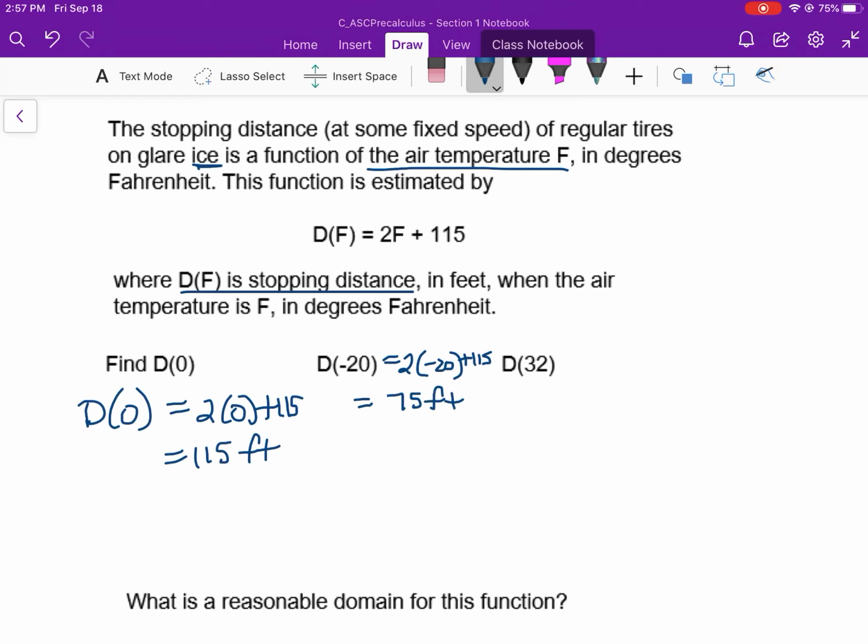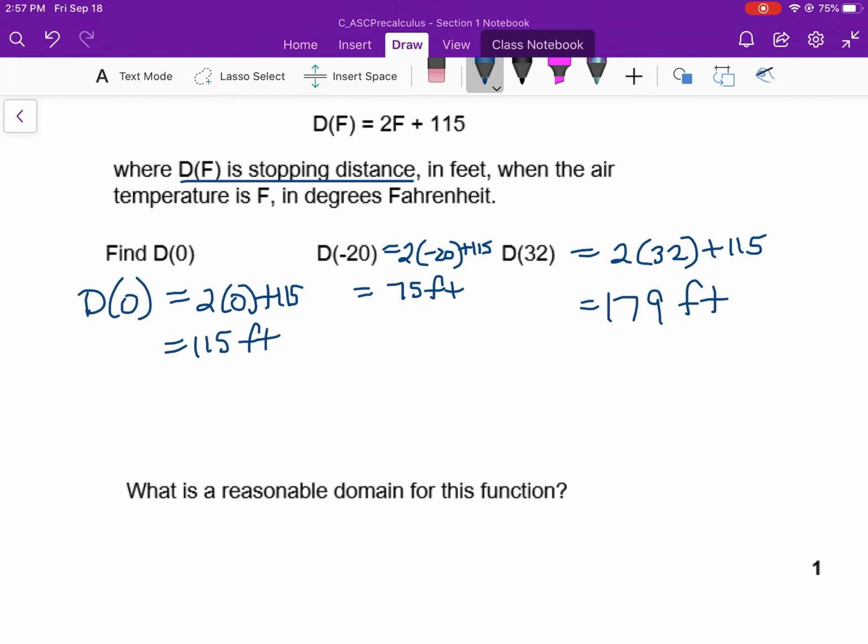But then it would seem that the warmer it gets, so 2 times 32 plus 115, so 64 plus 115 makes 179 feet. Now maybe it takes longer to stop there because there's more water, so more of it is liquid, and you all know that wet ice is slicker than dry ice-ish. So maybe that's why. I don't know.